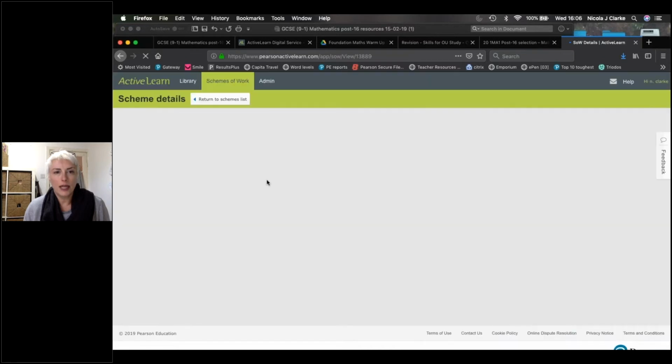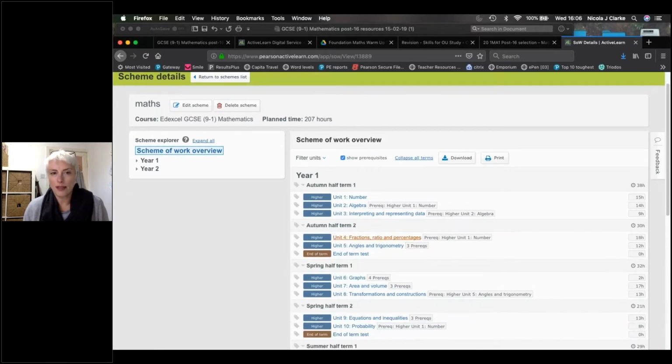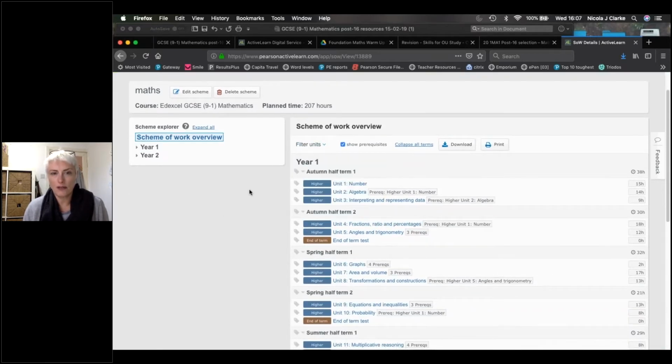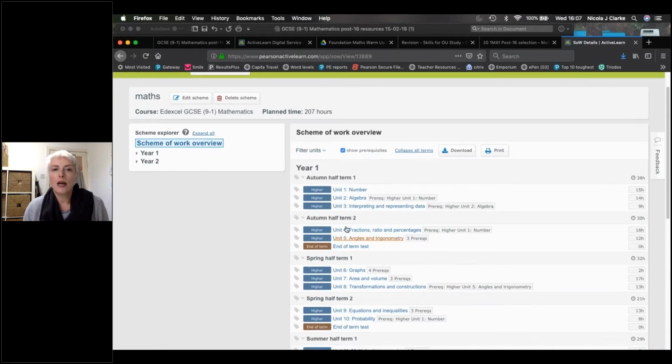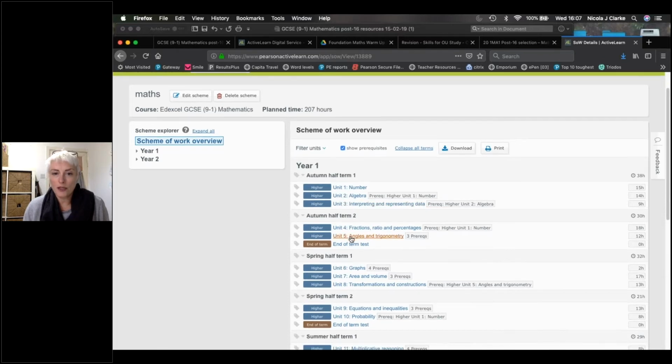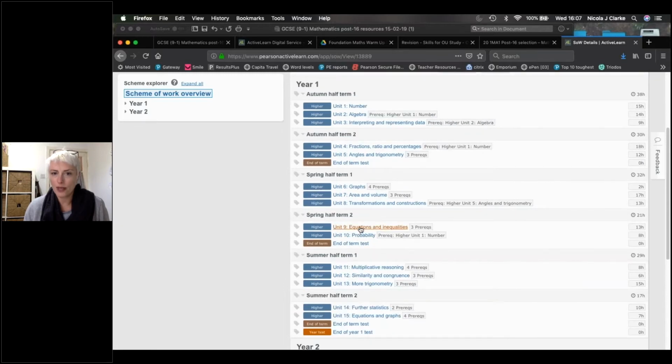I've got one here. This is just an overview, but the great thing about this, you can have this for however long, you can adjust the timings, and you can move units around, and what it does, which is quite clever, is it'll flag if you move something around. It'll tell you if you've missed an underpinning topic, so that's quite helpful.